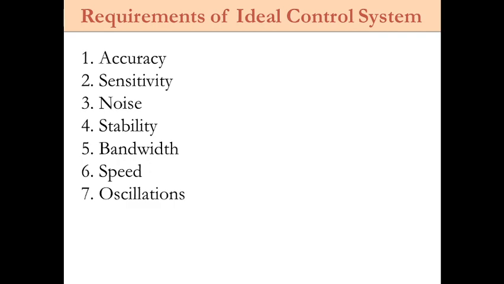Then moving further, the requirements of an ideal control system. If you want to call a control system an ideal control system, these are some of the things all control systems should have. The very first one is accuracy.